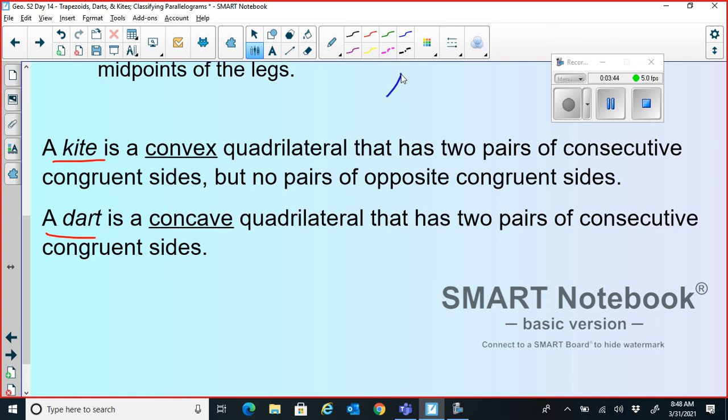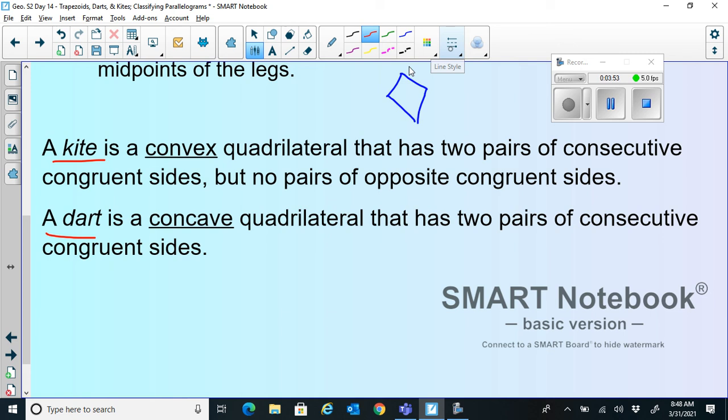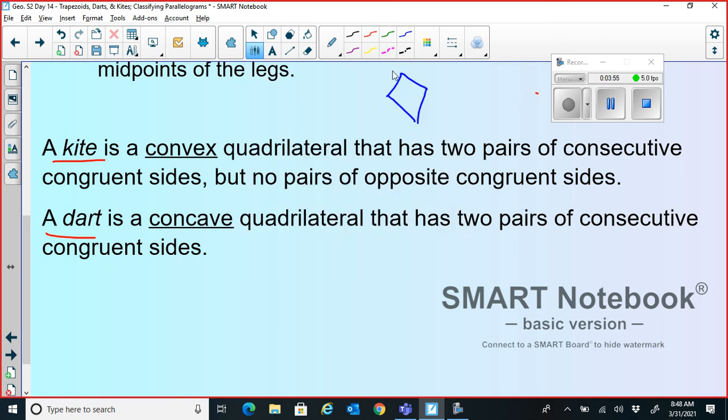So where you have side AB congruent to AD and BC congruent to CD. See, what does that definition say? Two pairs of consecutive congruent sides, not the opposite.